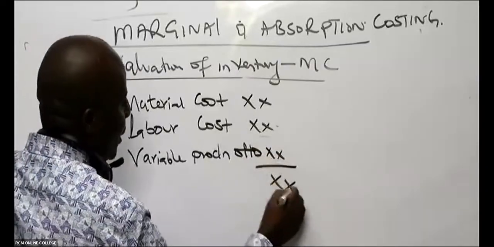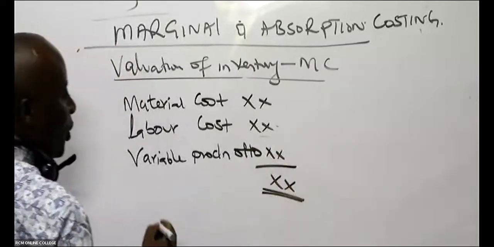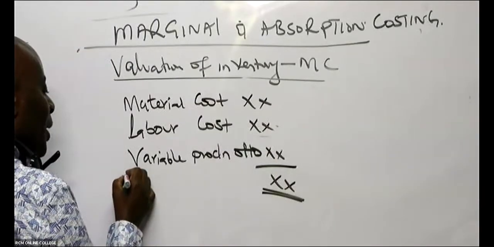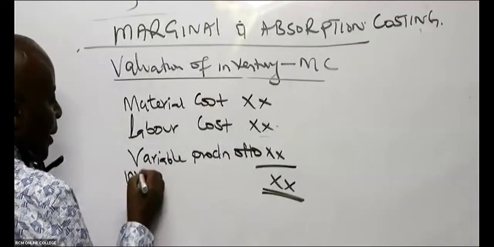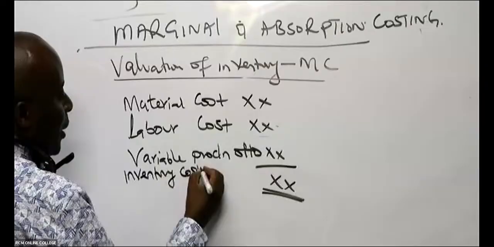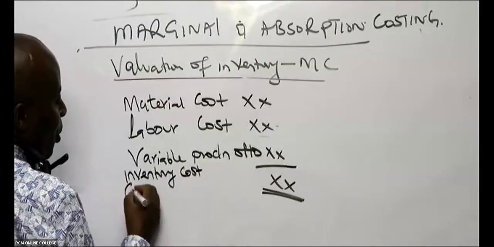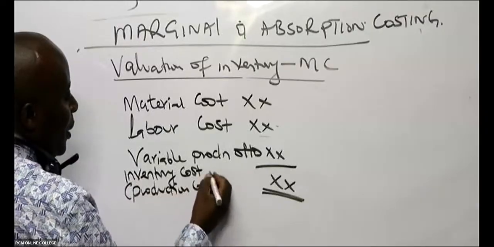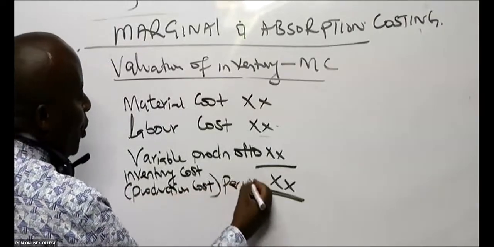So this under marginal costing will be our inventory cost, or production cost, per unit.